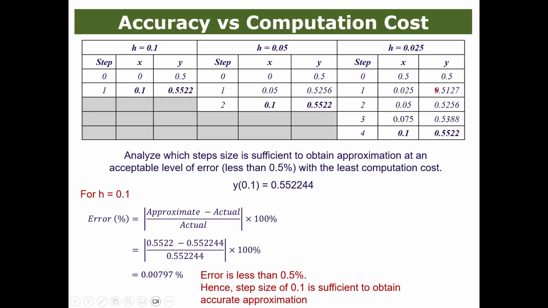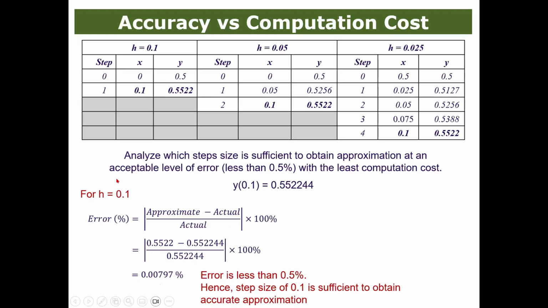All of these other values are only the steps, so for error calculation they don't matter. Only the last one is used for error calculation. So just subtract the actual from the approximate and divide by the actual value, and you will get the value of error.